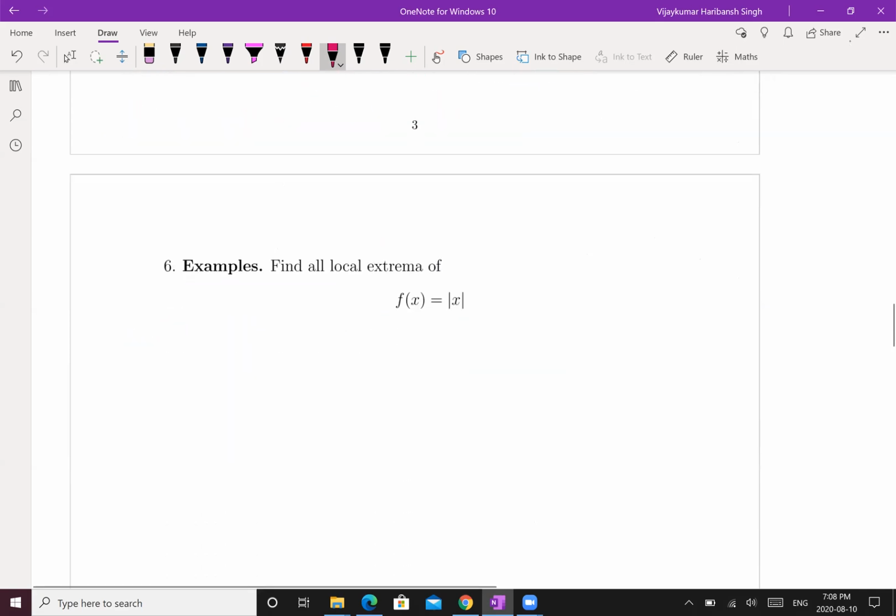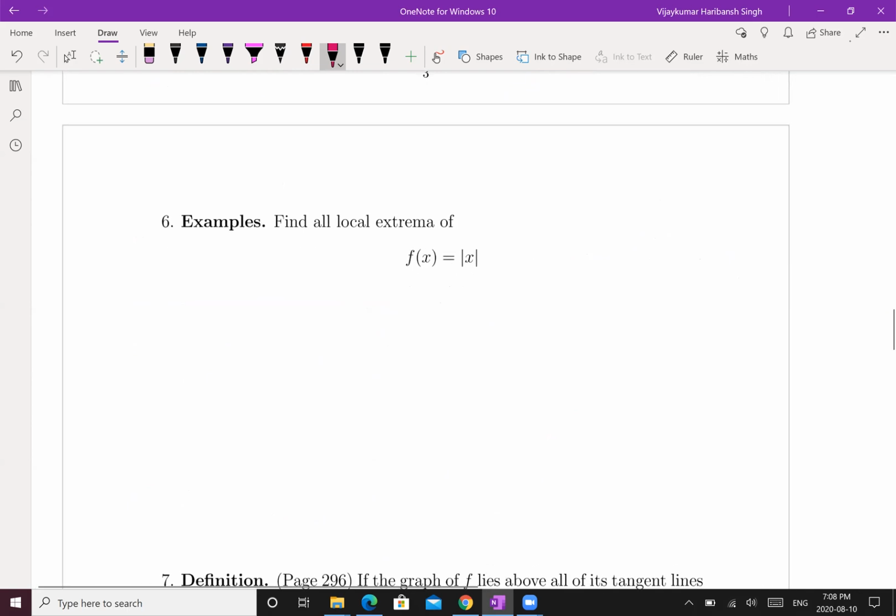Now let's look at the next example. f of x equals the absolute value of x, which is x if x is greater than or equal to 0, and minus x if x is less than 0.